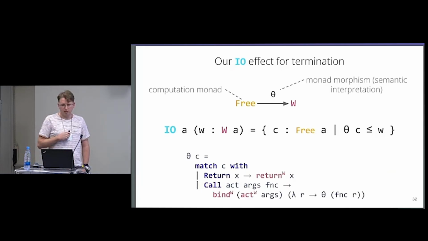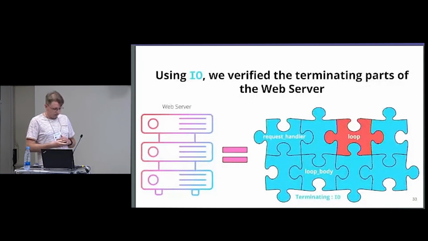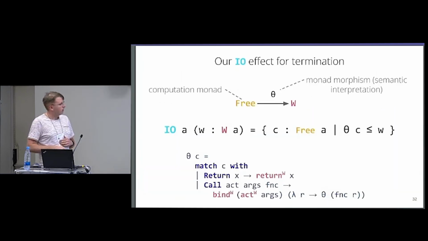And for the semantic interpretation, again this lifts from the computation level to the specification level. For a return, it uses the return at the specification level. And for the call, it binds the specification of the current action with the specification of the continuation.